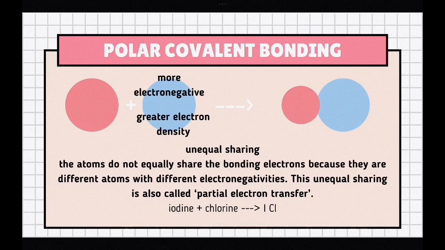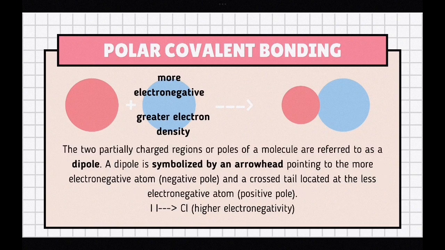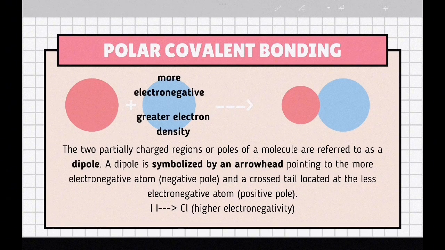So there will be a small electronegativity added to a greater electronegativity. Based on the representation here, you see the pink one added to a more electronegative or greater electron density. The two partially charged regions or poles of a molecule are referred to as a dipole. A dipole is symbolized by an arrowhead. So this is our arrowhead.